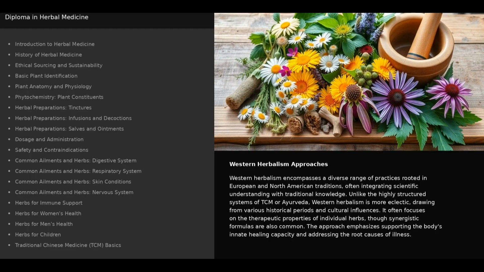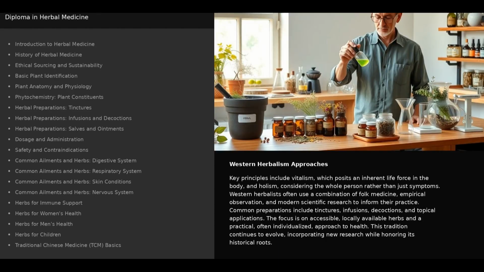It often focuses on the therapeutic properties of individual herbs. Though synergistic formulas are also common, the approach emphasizes supporting the body's innate healing capacity and addressing the root causes of illness. Key principles include vitalism, which posits an inherent life force in the body, and holism, considering the whole person rather than just symptoms.